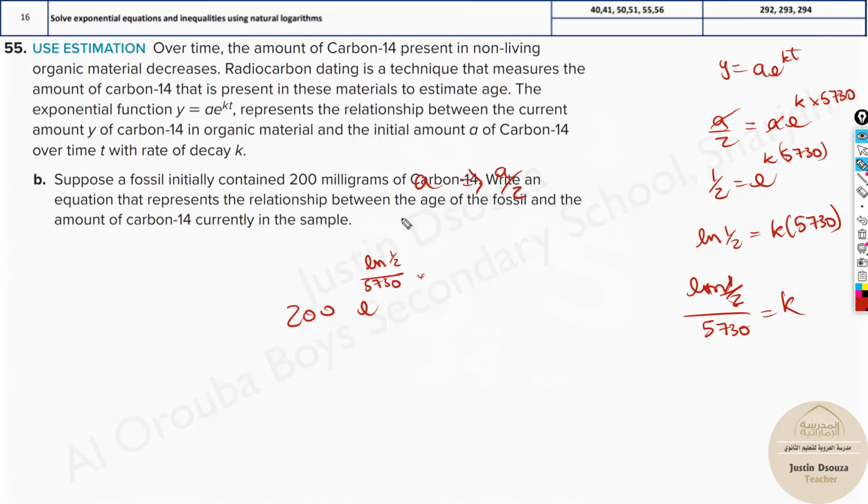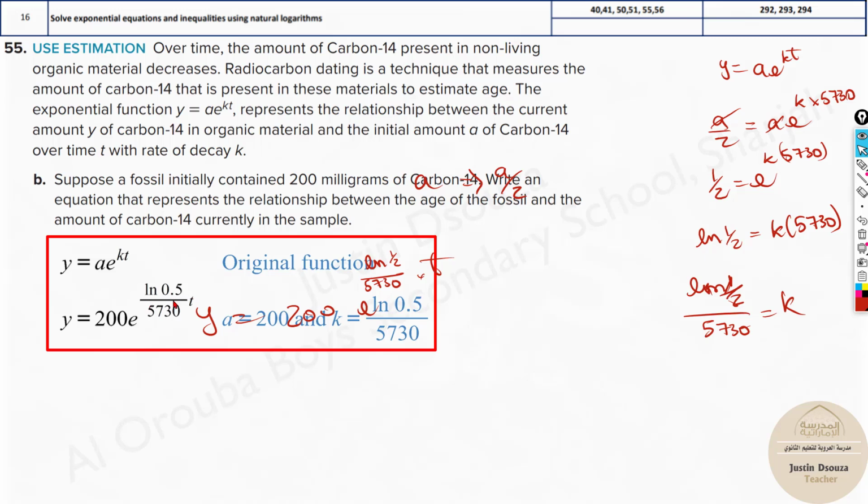Now they want the relationship between the time and the amount after a certain time t. So here y, if I write, and this is the time, this is the formula. They have not given any time, so it's with respect to time t and y over here. So at any time we can easily find it out.